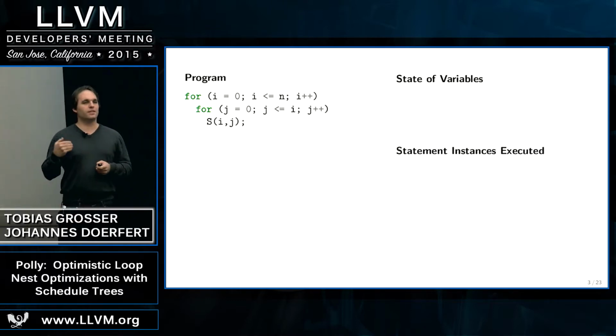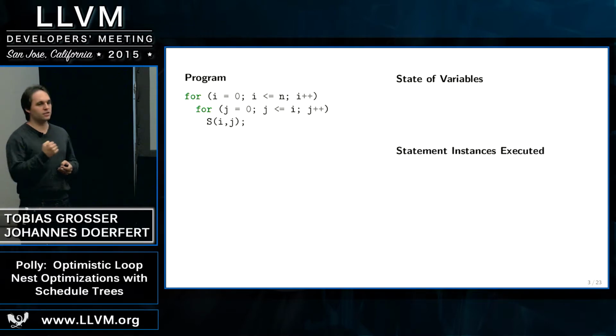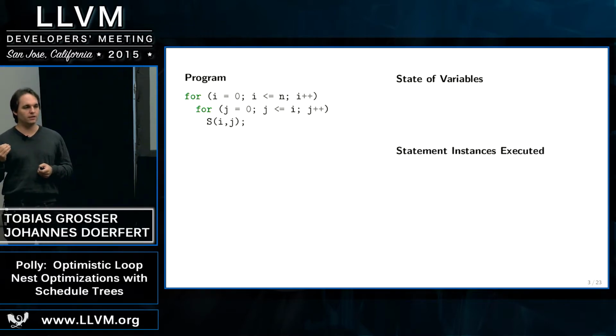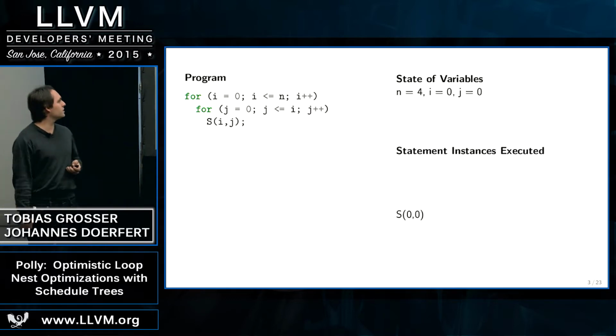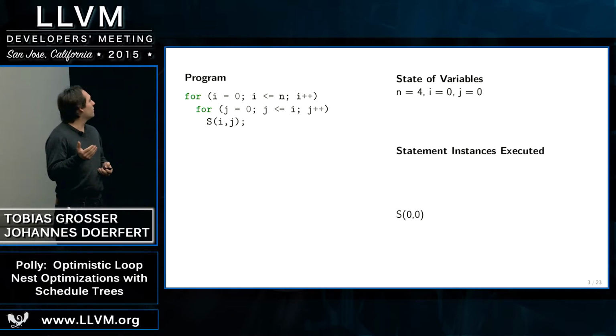If you want to understand this piece of loop nest, the easiest way is just to mentally execute it. To actually be able to execute this, you need to choose a value of n, because there's an arbitrary number of possible executions, and then we start executing it. Very simple, we start with i is 0, j is 0, and we have a first statement execution that happens.